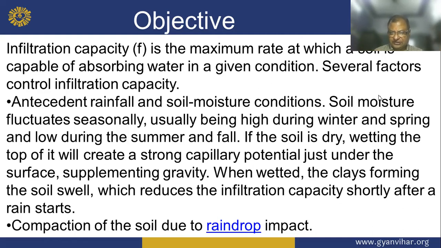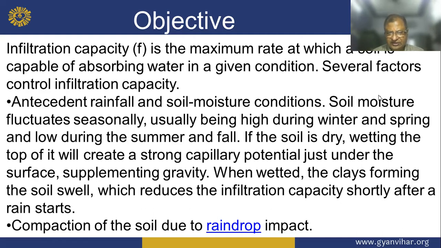If the soil is dry, wetting the top of it will create a strong capillary potential just under the surface supplementing gravity. When wetted, the clay minerals in the soil swell, which reduces the infiltration capacity shortly after rain starts.